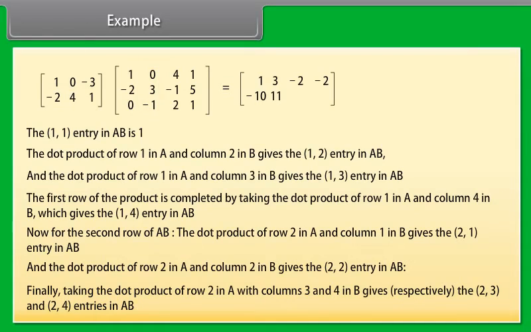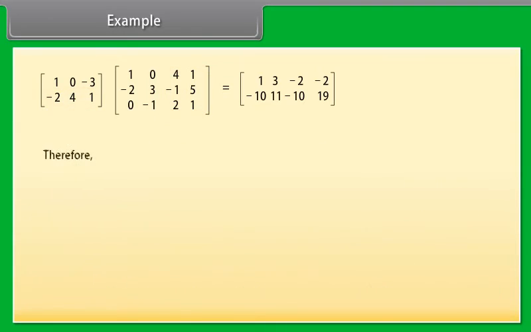Finally, taking the dot product of row 2 in A with columns 3 and 4 in B gives respectively the 2, 3 and 2, 4 entries in AB. Therefore, AB can be written as the matrix, row-wise: first row 1, 3, -2, -2; second row -10, 11, -10, 19.